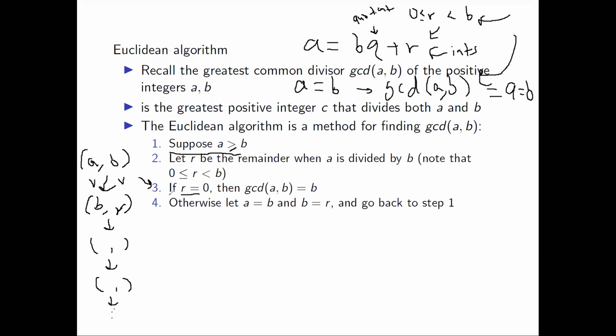So the easiest one to solve is going to be when it terminates. It's going to terminate with a step 3. So at some point, A will be divisible by B.